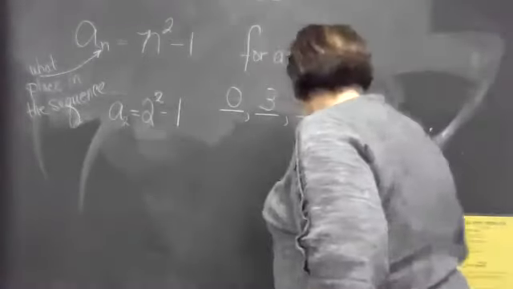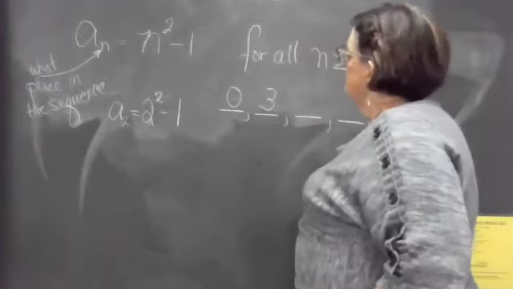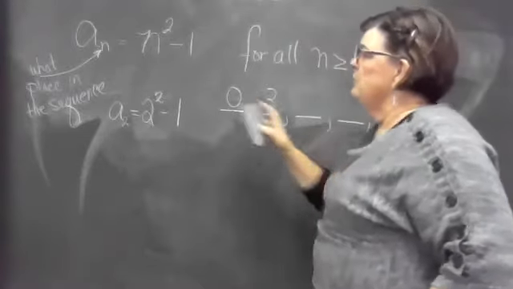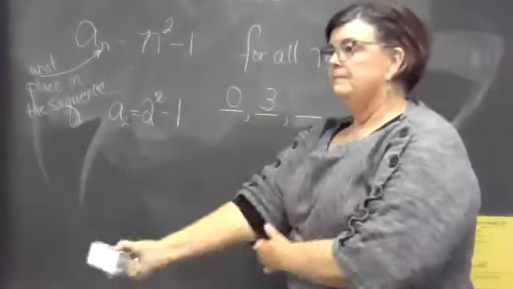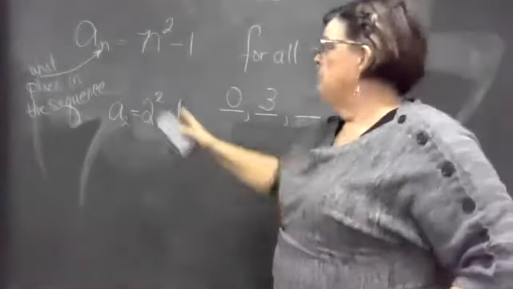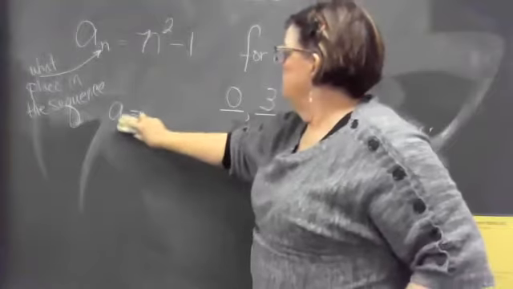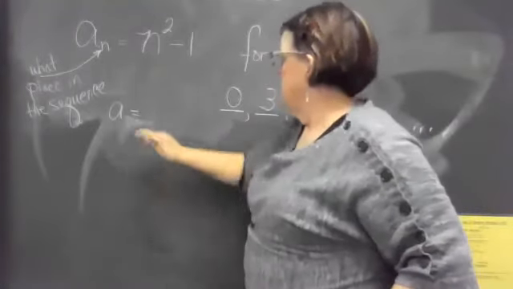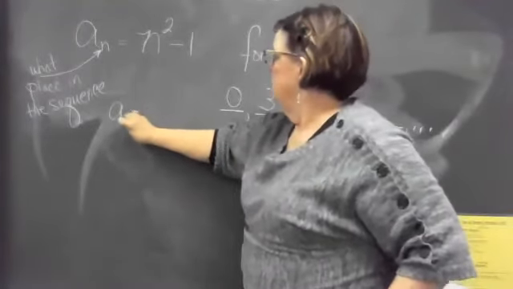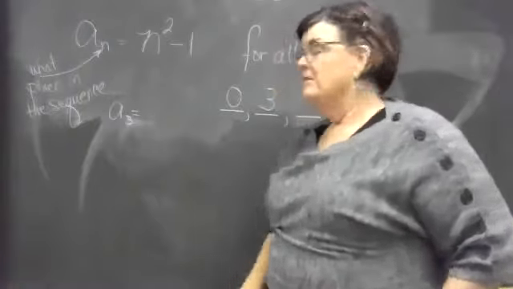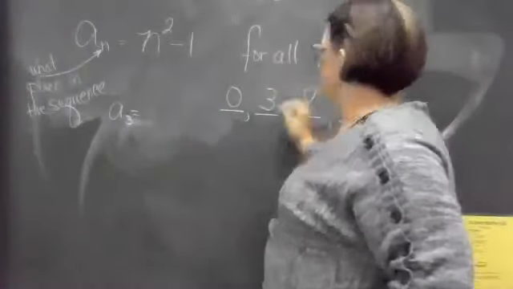Okay, let's do the third one. What do y'all think the third in this sequence will be according to the rule? Put the 3 here. It's 8. Put the 3 there. So, 8. Yes, 8. Let's do it.